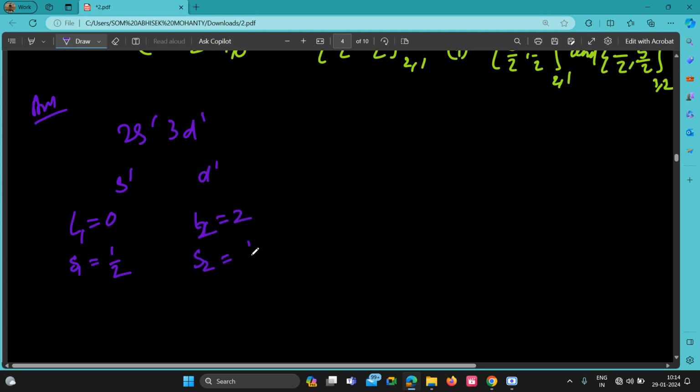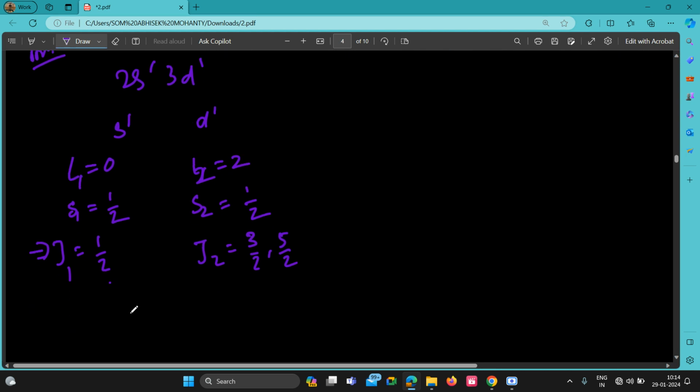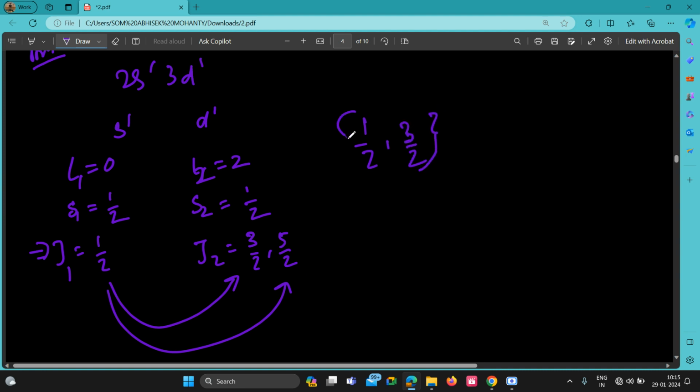In JJ coupling, this means the J1 value is half only. So J2 will be 3 by 2, 5 by 2. So we pair half with 3 by 2, and half with 5 by 2.